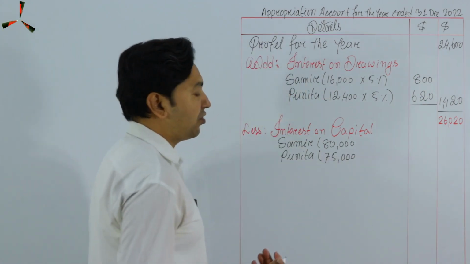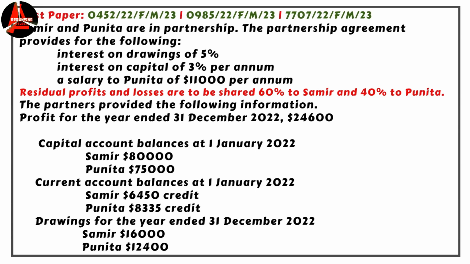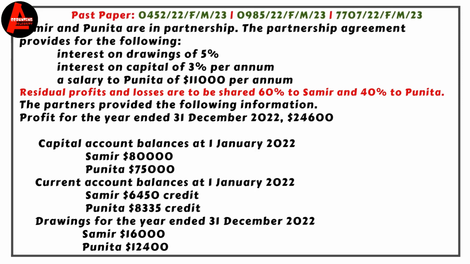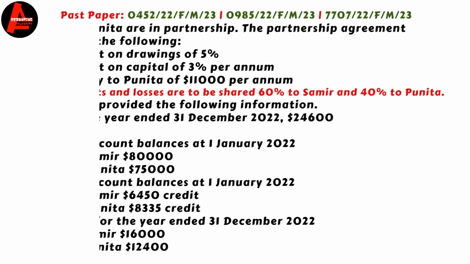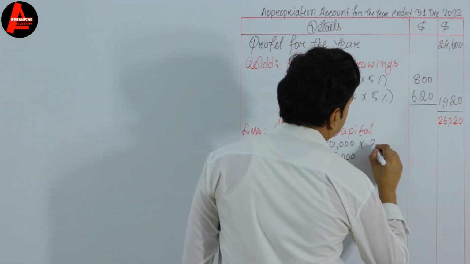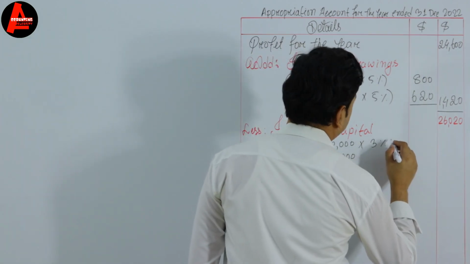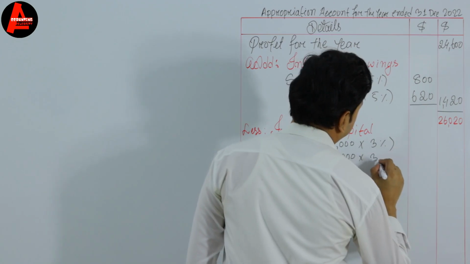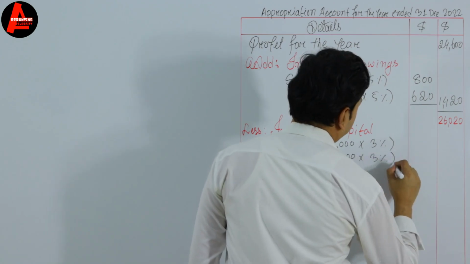What about the rate of interest? So here in the question we see interest on capital of 3% per annum. Okay, so now we need to charge 3%. So here it is 3% for Samir and 3% for Punita.